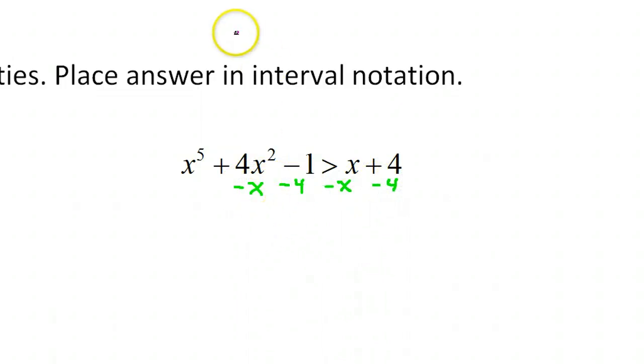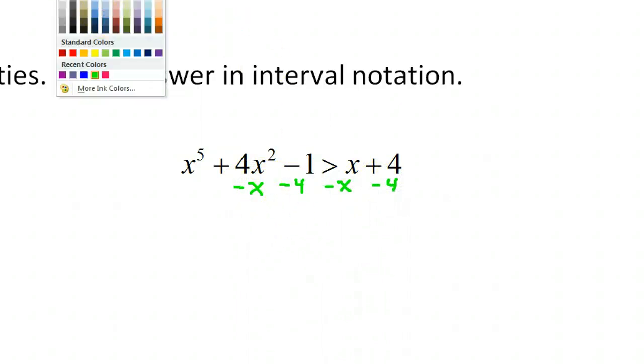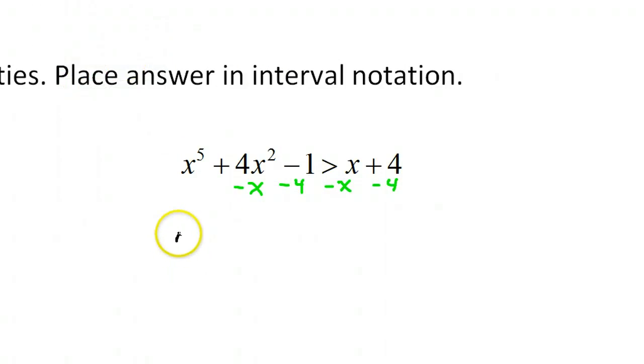If I do that, then what I have now is x to the 5th power. Alright, so bring that down. These are not like terms. I'm not going to put these together. I'm just going to bring down my 4x squared unchanged. And then I'm just going to bring down my negative x.